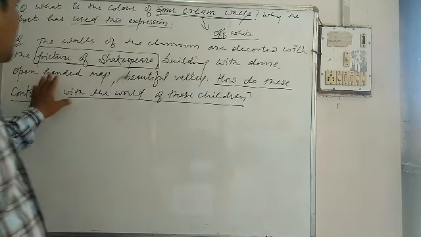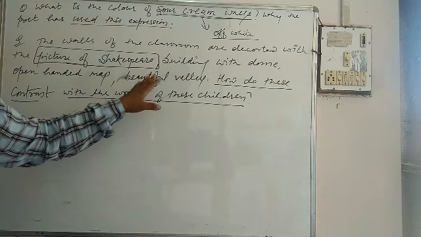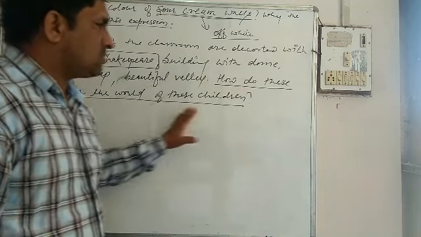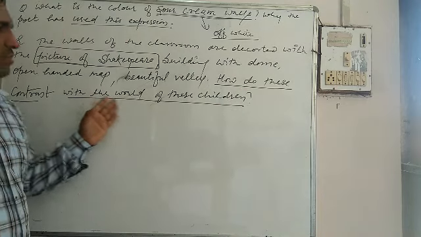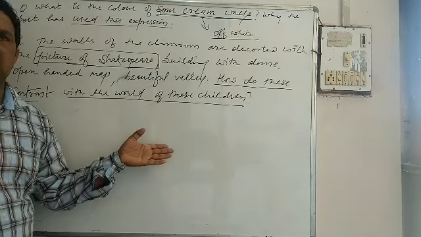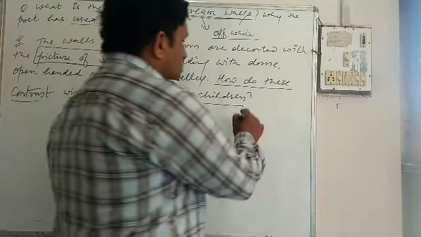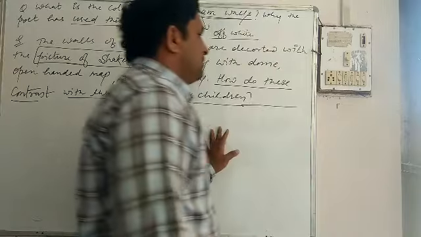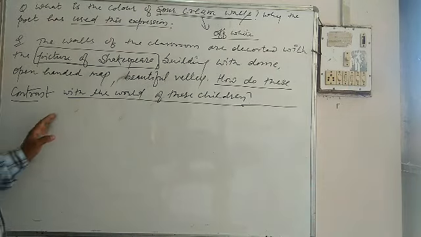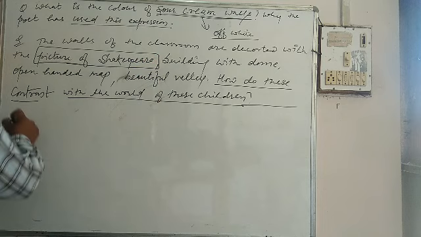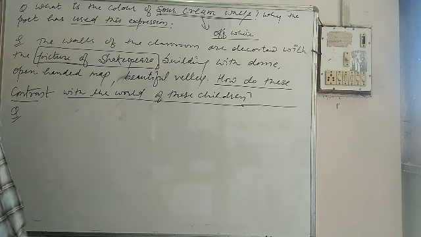Building with domes, open-handed map, beautiful valley, tireless valley also situated there. So there is lots and lots of contrast between these objects and the children, because the children are living below the poverty line. So we can say there is a huge contrast between these objects and the poor children. Let's see another question.